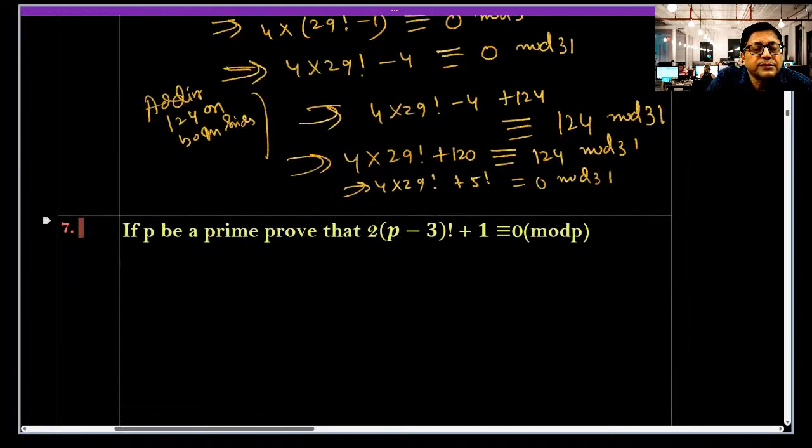Go for another one. Let p be a prime number. Prove that 2 into p minus 3 factorial plus 1 congruent with 0 mod p. How to prove it?